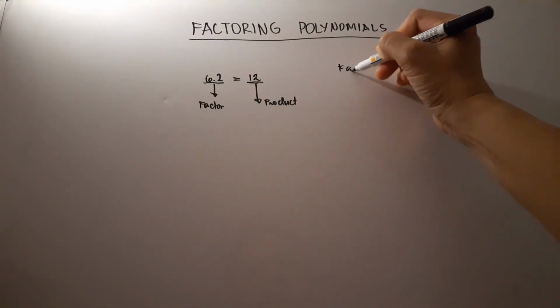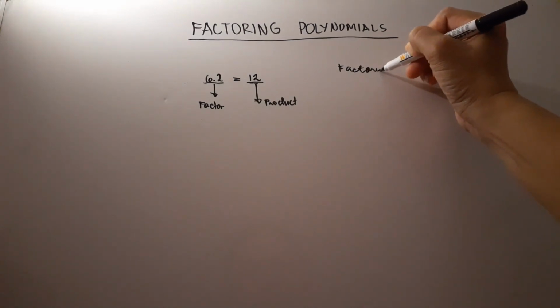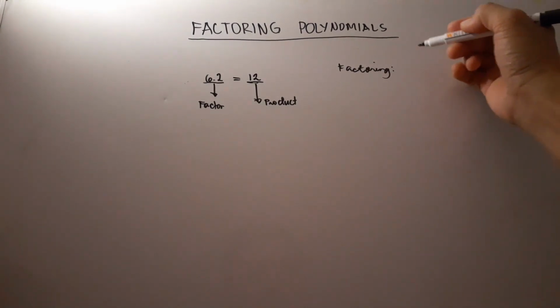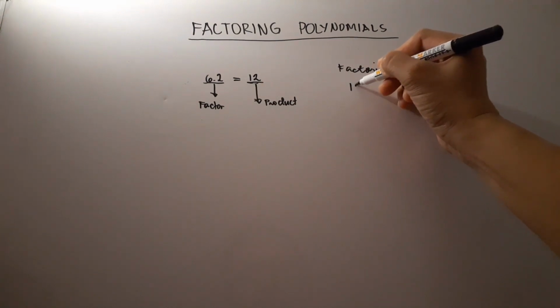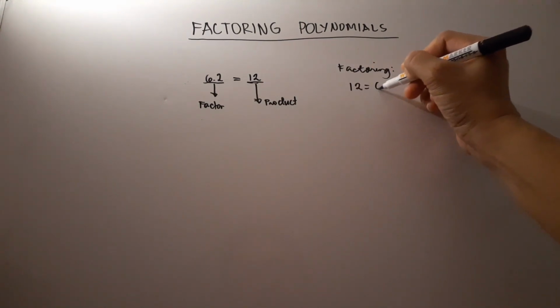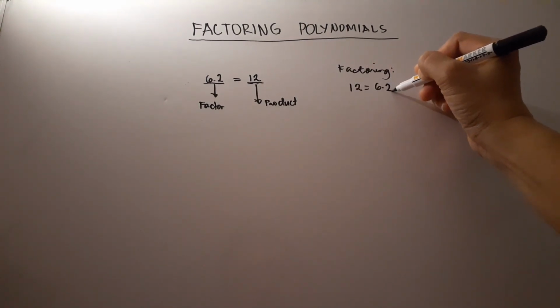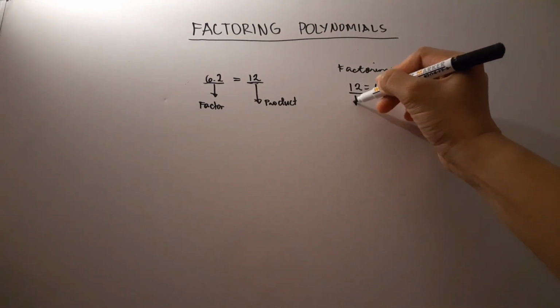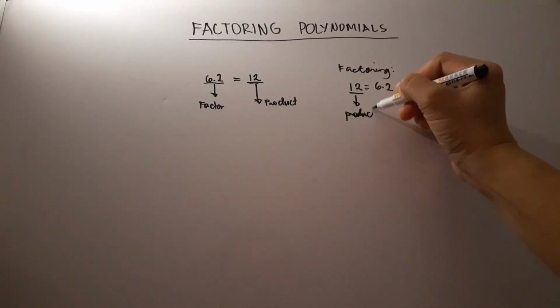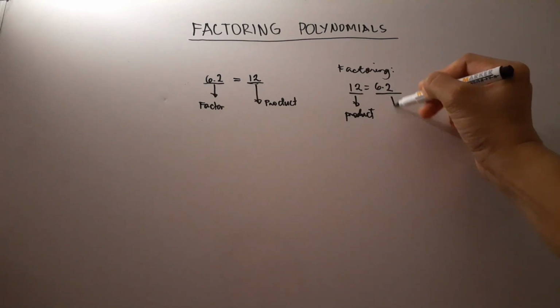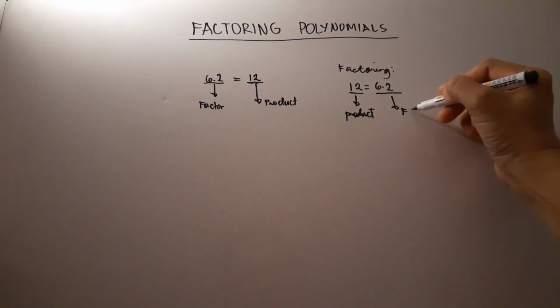And in factorization, we have the opposite of multiplication, which is 12 is equal to 6 times 2, where 12 is our product and 6 times 2 is our factor.